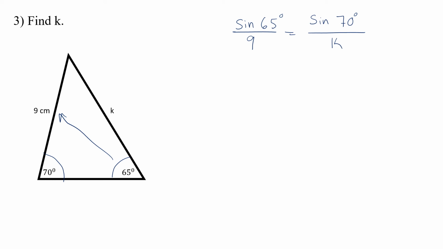We don't know this side, so this side is k. And again, when you're making k the subject of the formula, you should end up with something like sine 70 degrees multiplied by 9, all divided by sine 65.